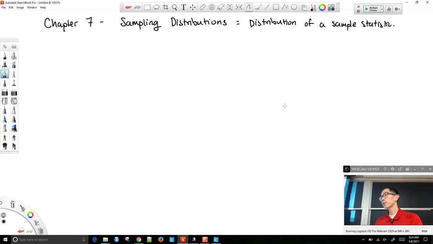Sample statistics are things like the sample mean or the sample proportion. This is in contrast to a population parameter, which is what? Let's see if we recall these things. We have sample statistics, and we have population parameters.